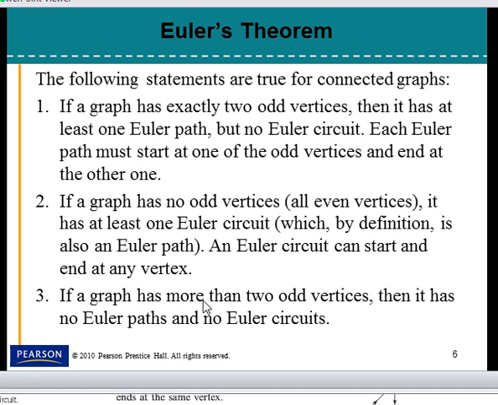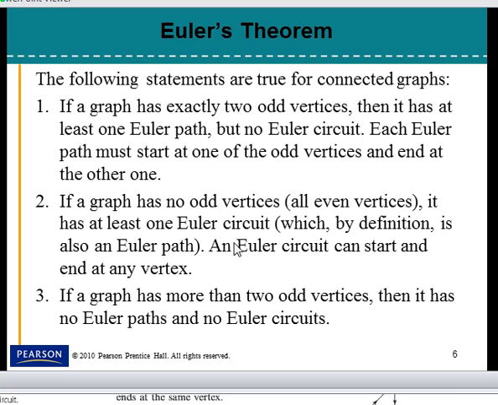If a graph has more than 2 odd vertices, then it has no Euler paths and no Euler circuits. Once again, if a graph has more than 2 odd vertices, then it has no Euler paths and no Euler circuits.